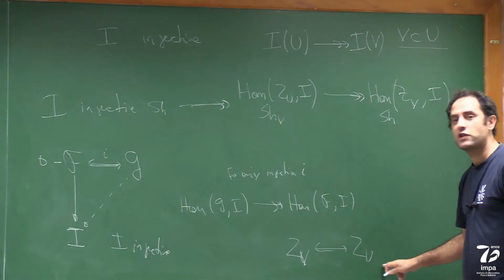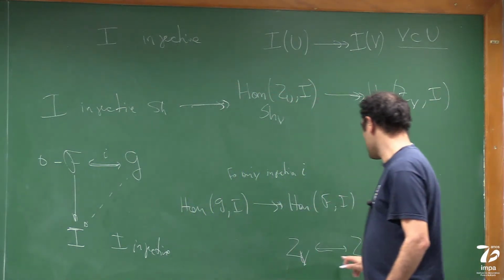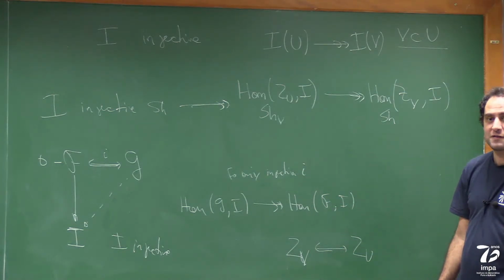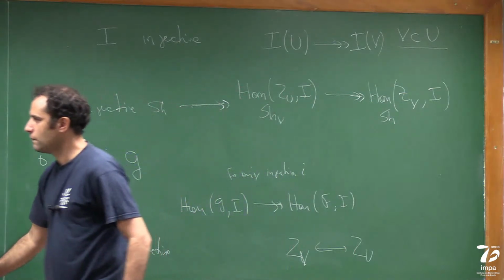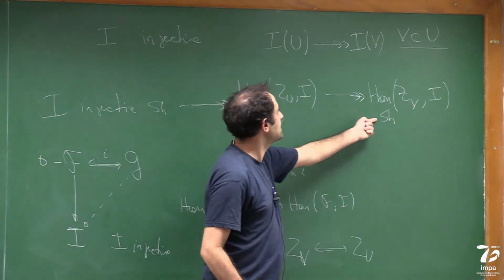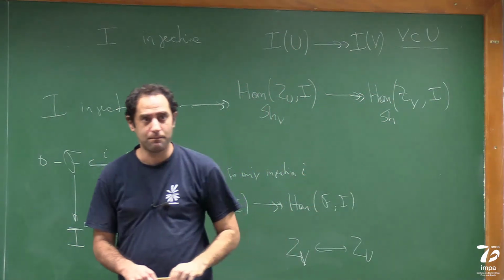And this is the obvious injection of sheaves. It's just the injection of Z into Z. Okay, so we've seen that I is injective, therefore this map is surjective, which means that I is flasque.